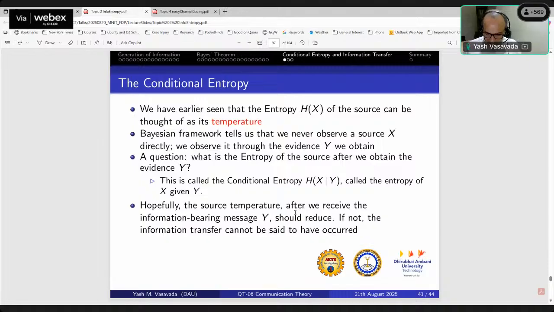If you are at the receiver and you don't know what the transmitter state is, that uncertainty you have at the receiver relates to the entropy of X.